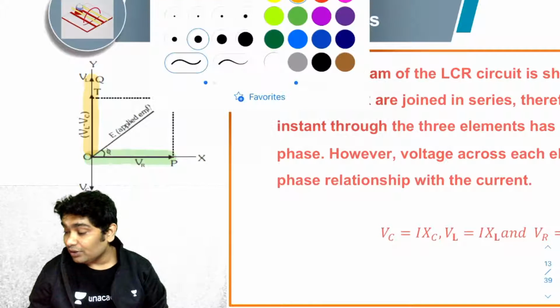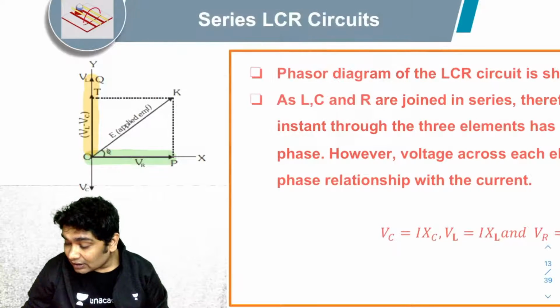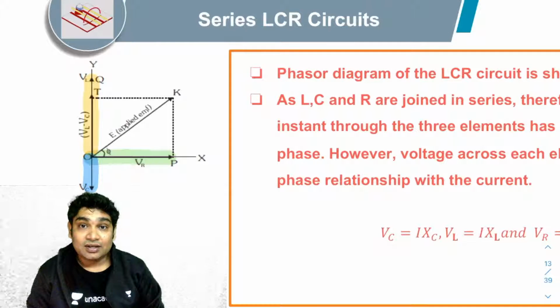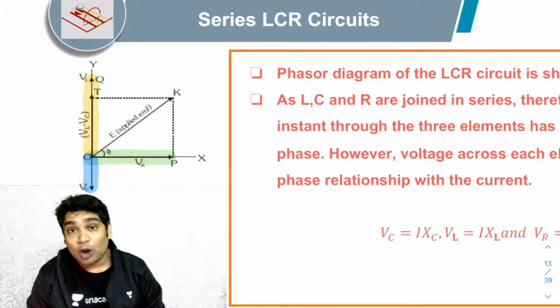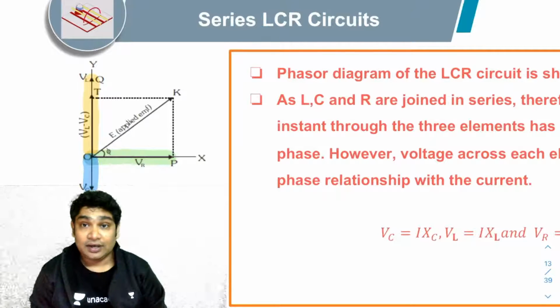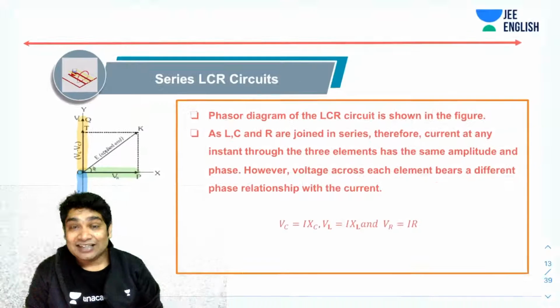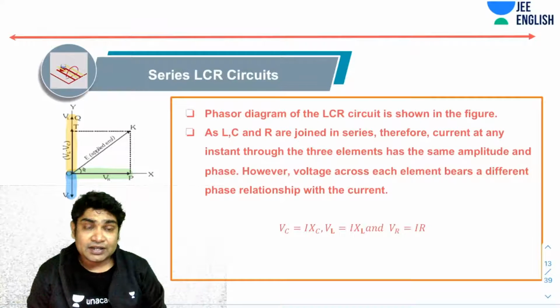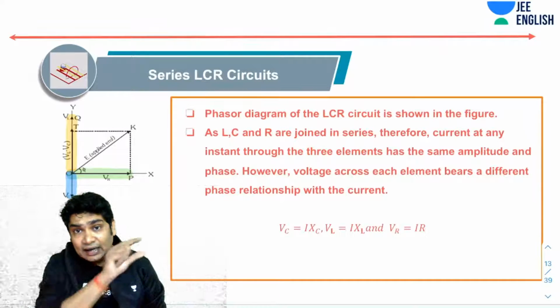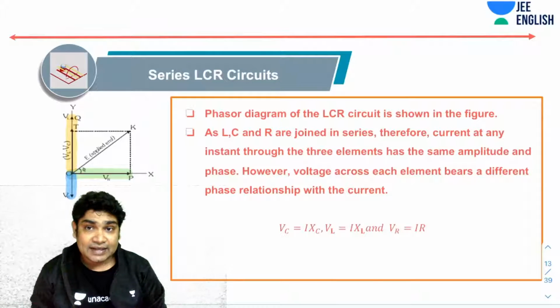So then you can draw yourself the voltage phasor for the capacitor. Now you know that the net applied voltage must be the sum of all these three phasors. As L, C, and R are all joined in series, at any instant the current flowing through all of them would be the same.